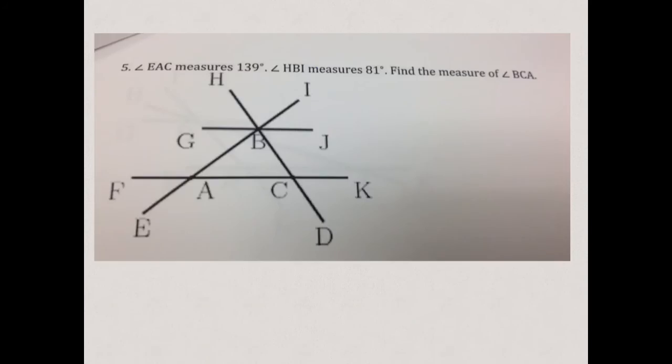Okay, and this is the same thing here. You have EAC measures 139, so I'll use red for that. EAC equals 139. I'll use blue for HBI. HBI is 81. So now they want to know, what is BCA?